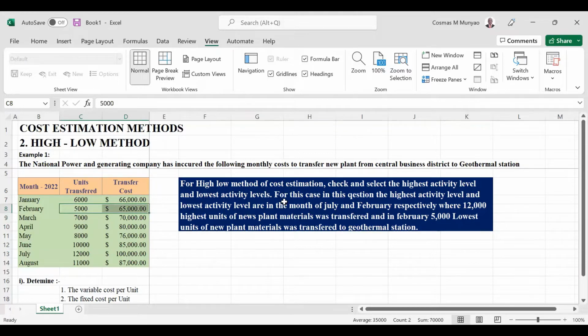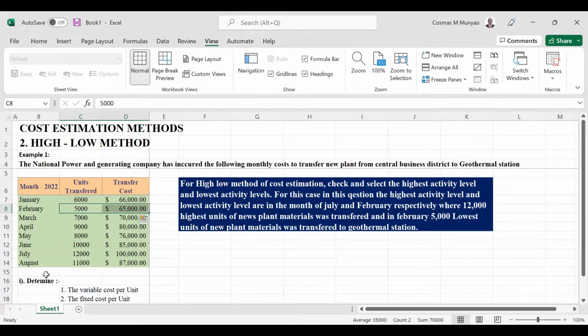In this question, the highest activity level and the lowest activity level are in the months of July and February respectively, whereby 12,000 highest units of new plant materials were transferred, and in February, 5,000 units of the plant were transferred to the geothermal station.